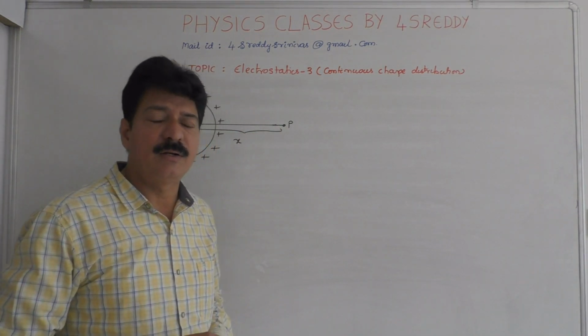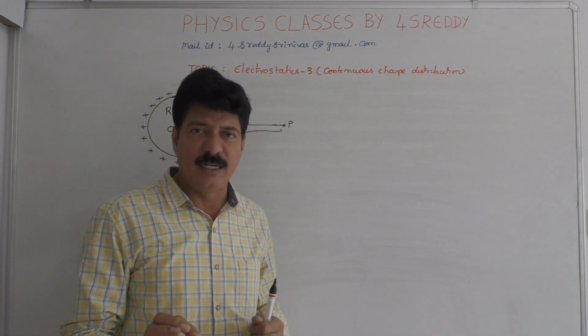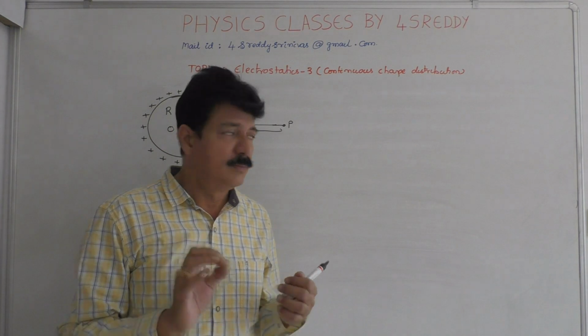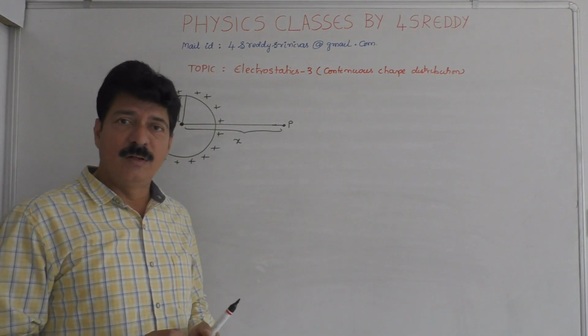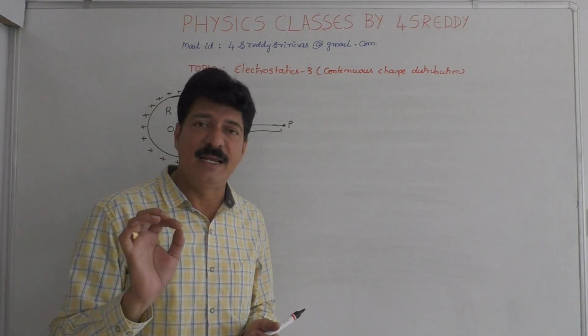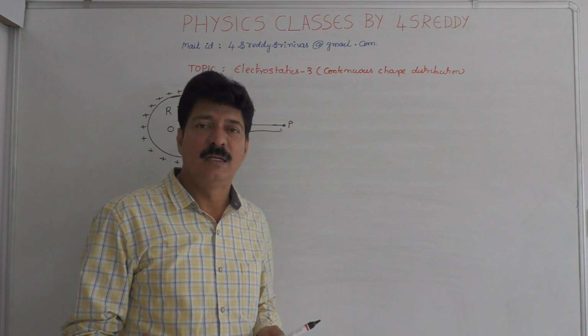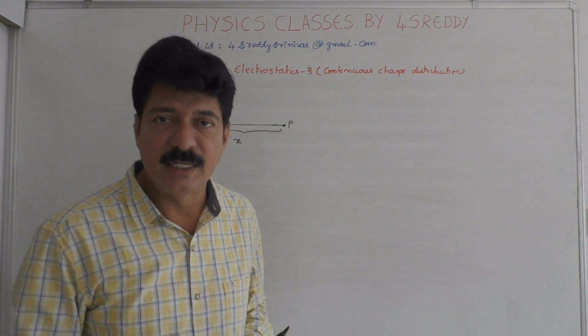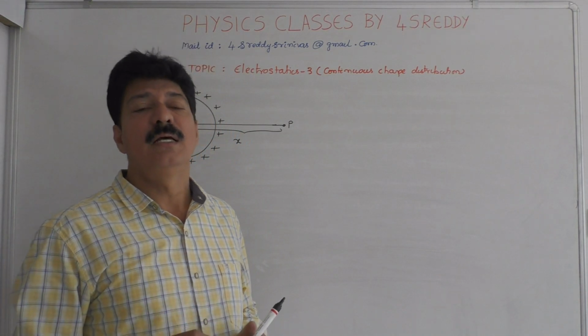Whenever you are going to find the electric field intensity due to any charged body, first we have to consider an elemental quantity. For that elemental point, you have to find the electric field intensity at the given point.